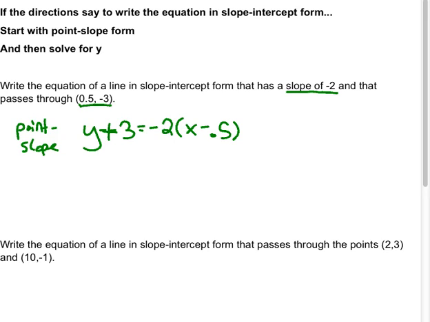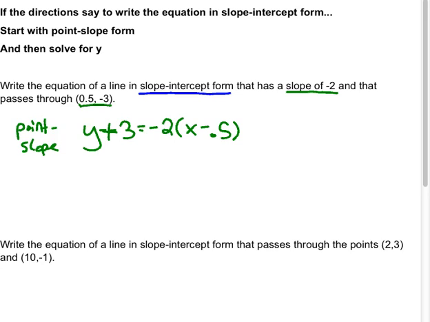So with the given information, I have enough for writing a point slope equation. However, that's not actually what I was asked for. I was asked for slope-intercept form. So now here's the trick. I can write it in point-slope form, now manipulate it to be in slope-intercept.